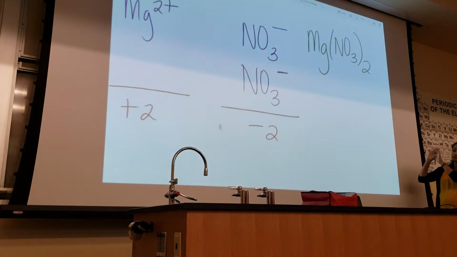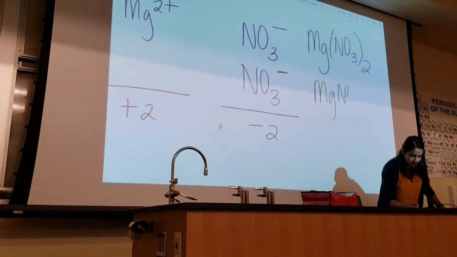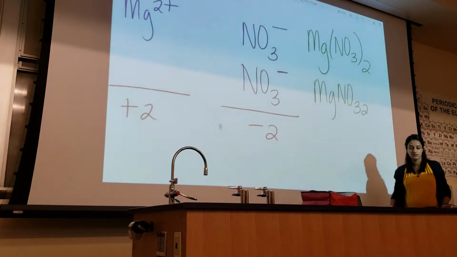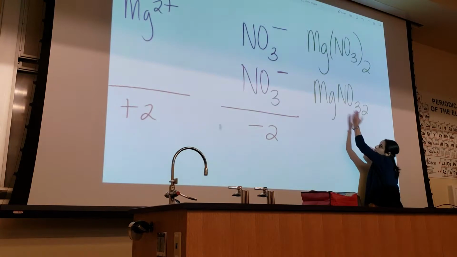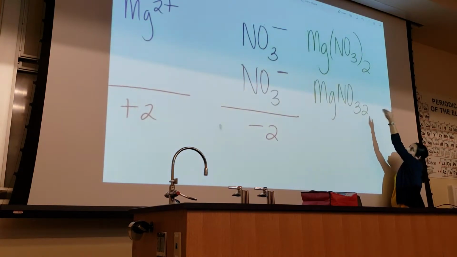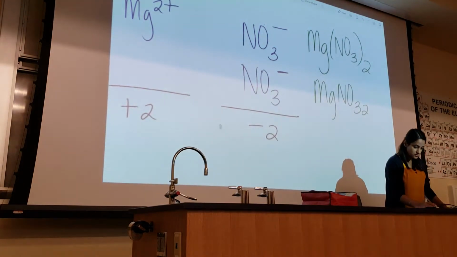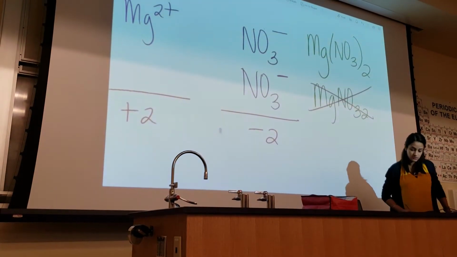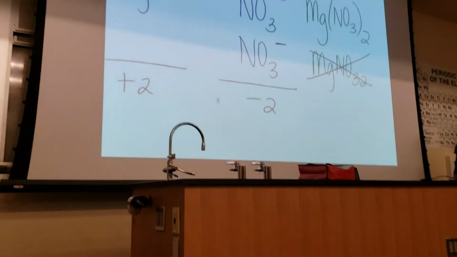You have to put it in parentheses, otherwise, if you write it like this, it looks like you have 32 oxygens. So this is not right. You cannot do this. You need to put parentheses to indicate you have 2 units of the actual nitrate. And they exist like that.